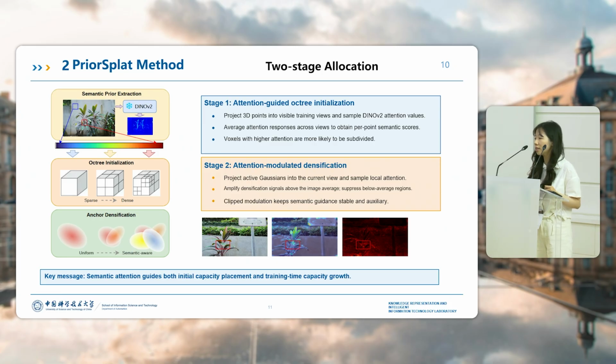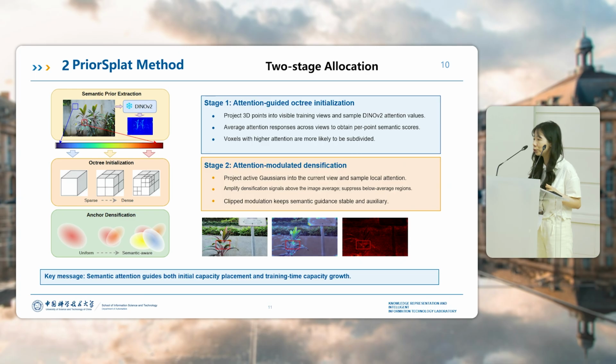The signal is integrated in two stages. In stage 1, during the octree-based initialization, we project 3D points into training views, sample their DINOv2 attention scores, and use the resulting per-point semantic scores to bias the octree subdivision, placing more initial Gaussians in the complex regions.